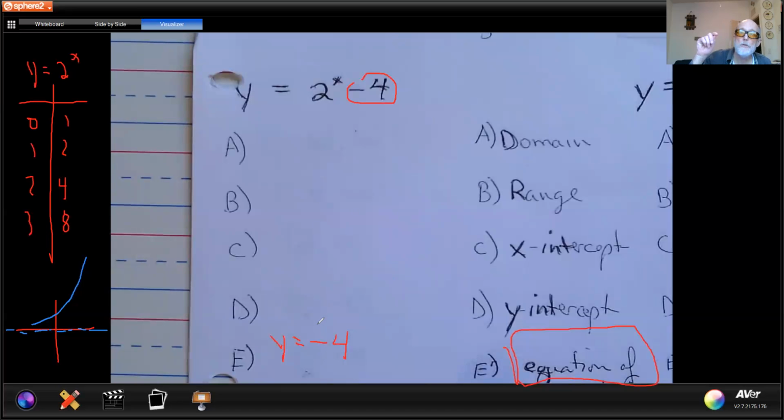4 points lower, right? So when I put 3 in, I don't get 8. When I put 3 in, I get 4. So 1, 2, 3, I'd be up here at 4. And then when I put 2 in, I would be 4 lower than that.